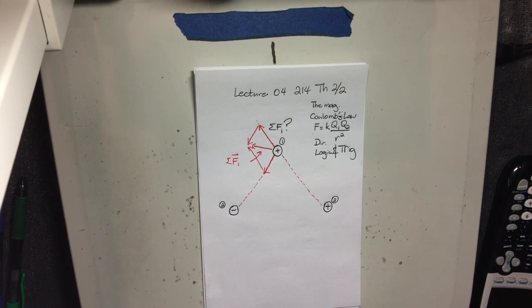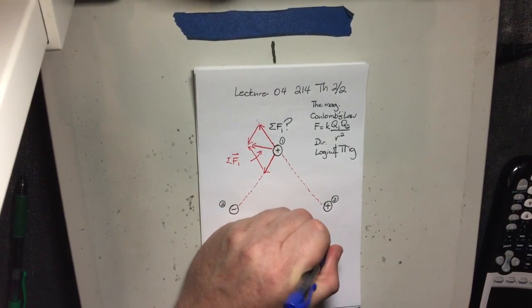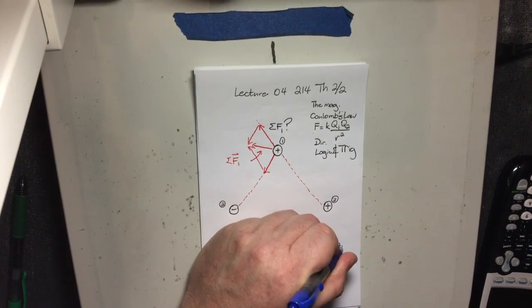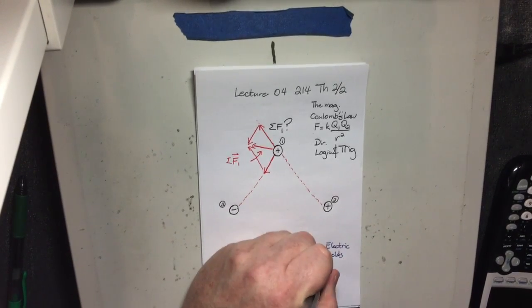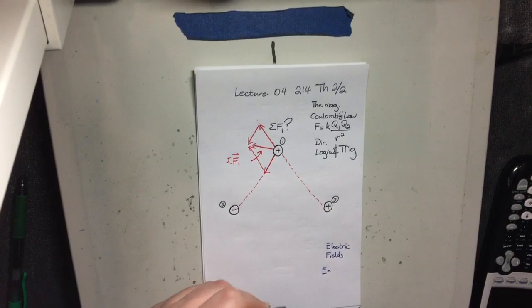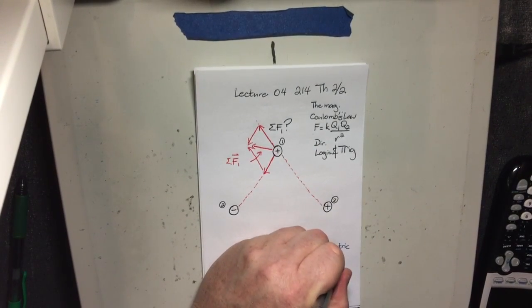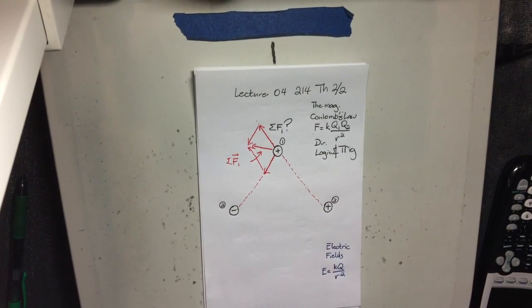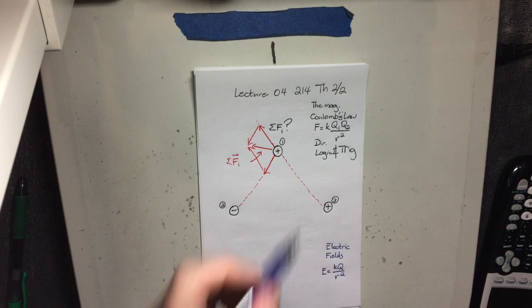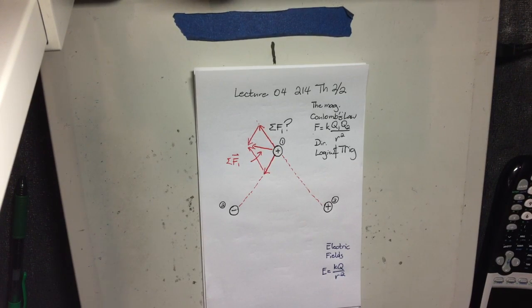The other thing we moved on to was electric fields. Once again, the electric field is written as a magnitude and is simply kq over r squared. So when you're using Coulomb's law, you have at least two charges. In electric fields, you can have just one.